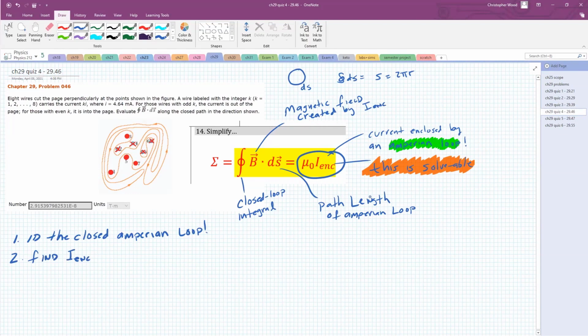Because once you find the enclosed current, then again, you're just going to multiply by the permeability of free space. So find the enclosed current.